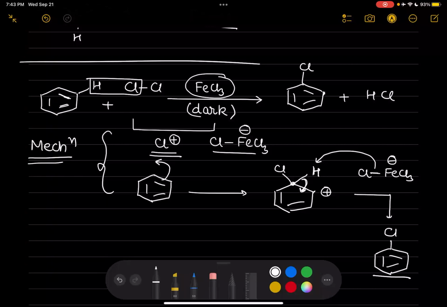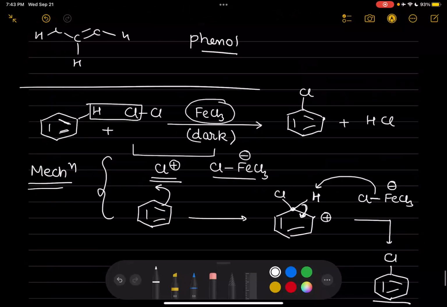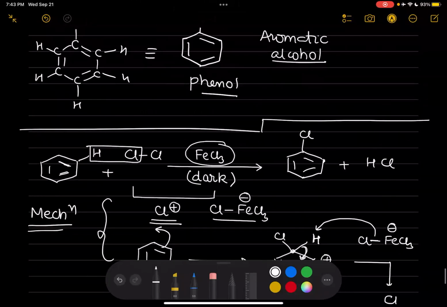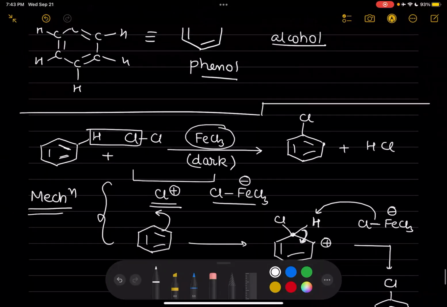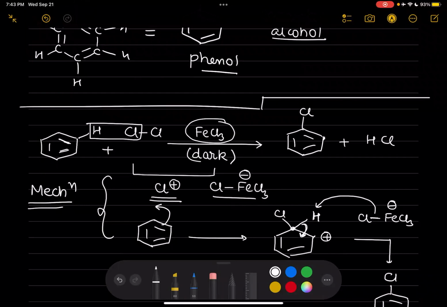So this is the mechanism. This is electrophilic aromatic substitution. This is not the substitution in the presence of light, which we used in alkanes. This is the substitution which has taken place on the benzene ring, the aromatic ring.